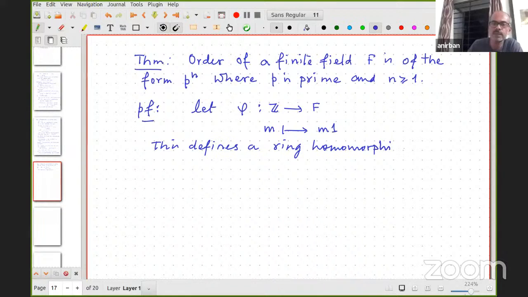So integers form a ring, and this F, being a field, is of course a ring. So this is a ring homomorphism, and the kernel of phi consists of all the m in Z such that m·1 is 0.